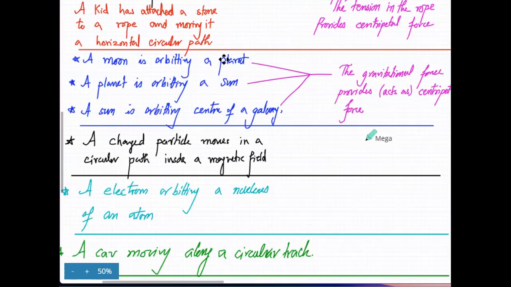So what about a charged particle moving in a circular path? Okay, no, sorry, it is a charged particle moving in a circular path inside a magnetic field.